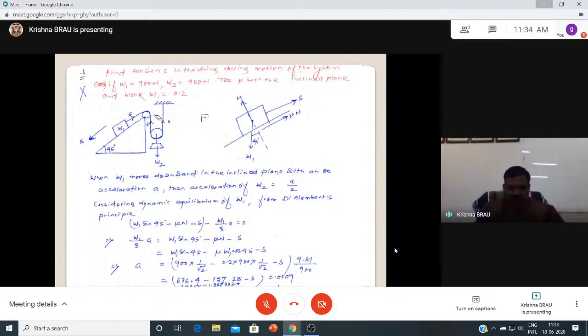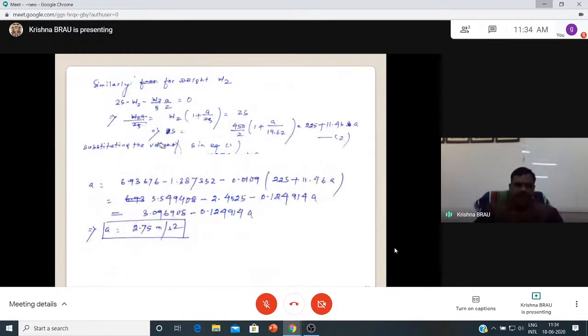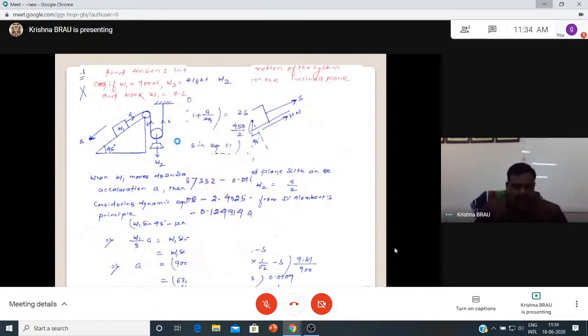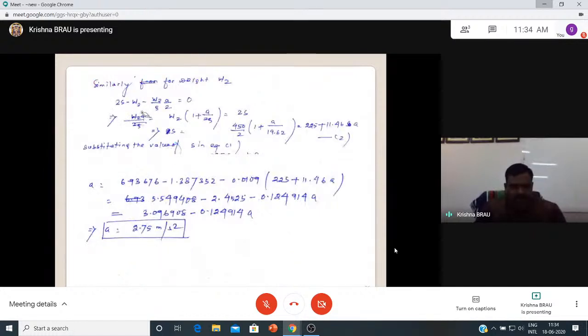Now let us come to this free body diagram, this part. Here, when it is moving downwards, inertia force is acting in this direction. Here also inertia force is acting in this direction. So two forces: weight downwards, inertia force acting downwards. 2S minus W and minus the inertia force, which is also acting in the opposite direction, but here the acceleration is A by 2.